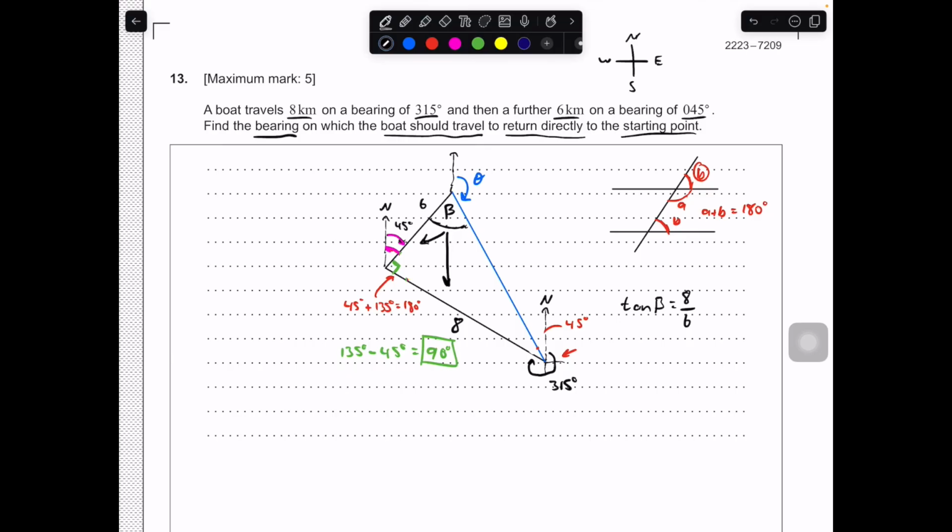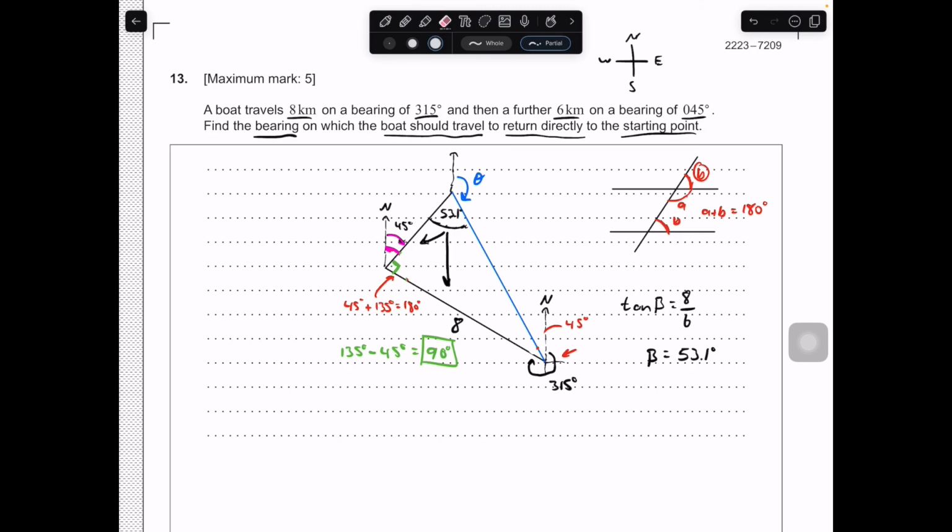Let's see, tan inverse 8 over 6 is equal to beta, which is 53.1 degrees. Okay. Good. 53.1 degrees. And let's actually go ahead and write that. Let's replace this with 53.1 degrees.